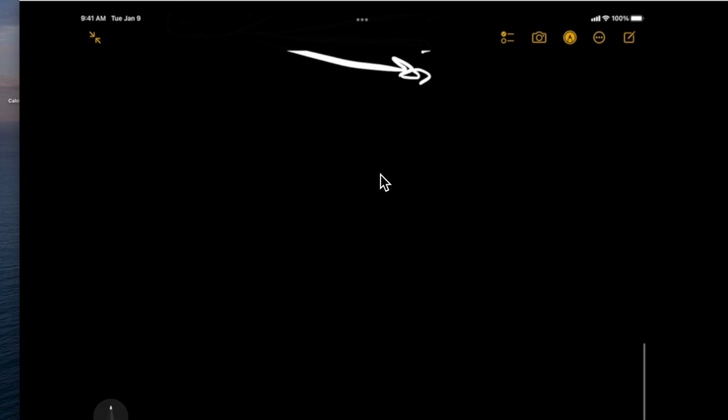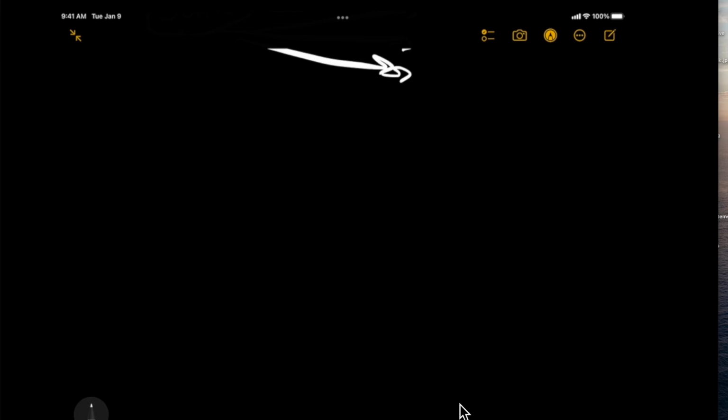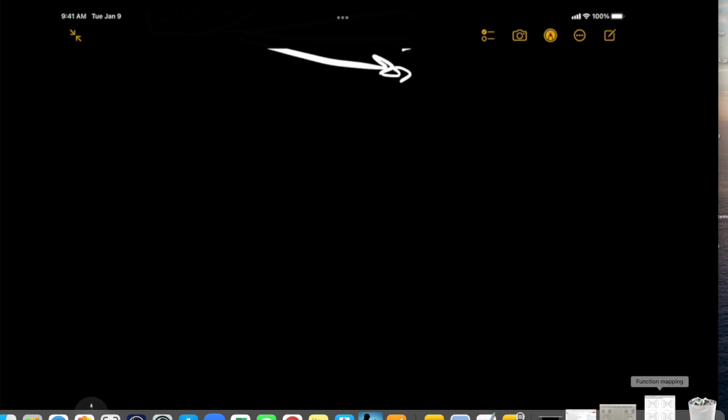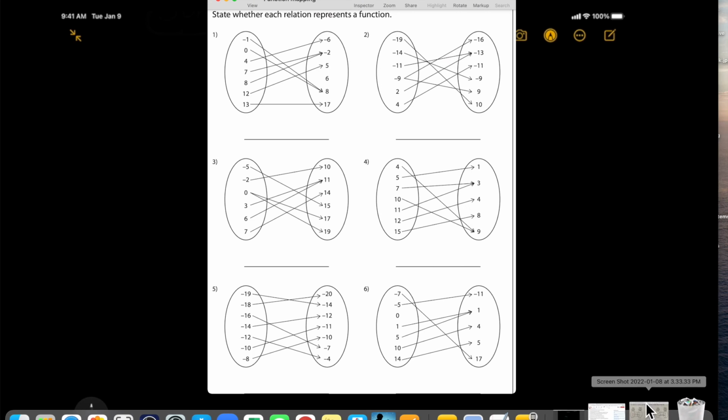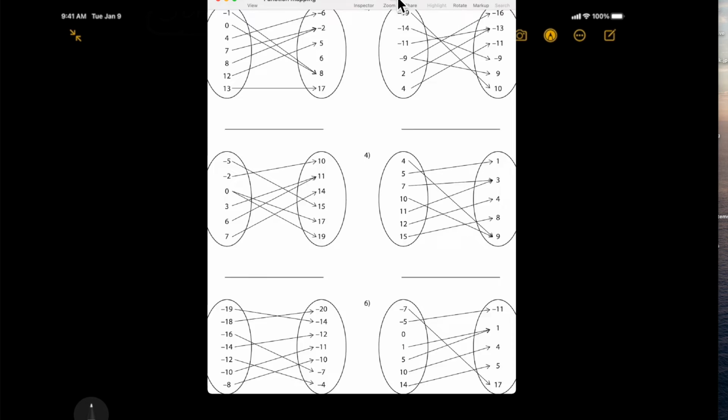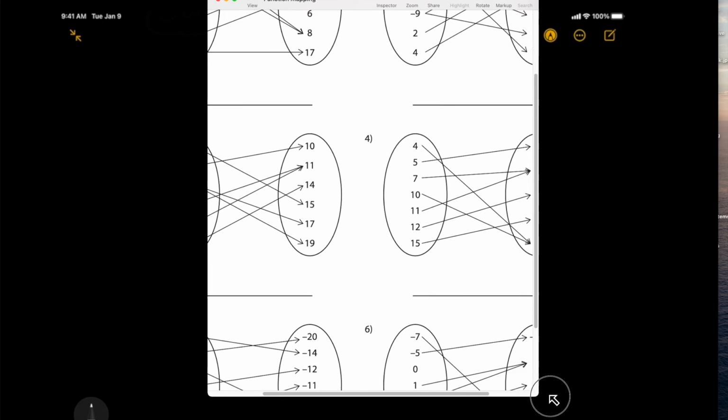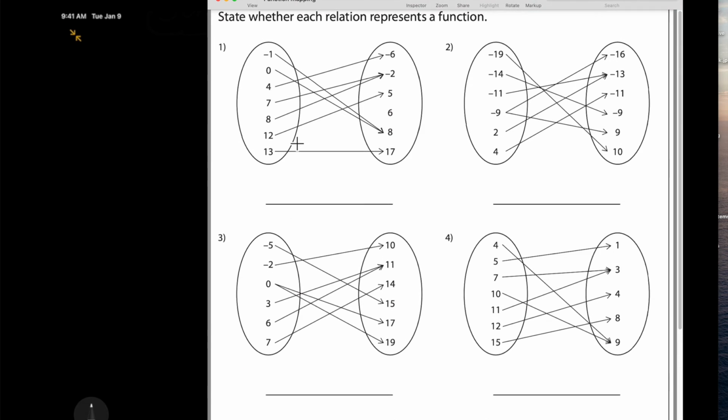Okay, with that introduction, with that intuition, let's go to the mapping diagram and see where that takes us. I want you to pretend, ladies and gentlemen, that on the left is input and on the right is output.